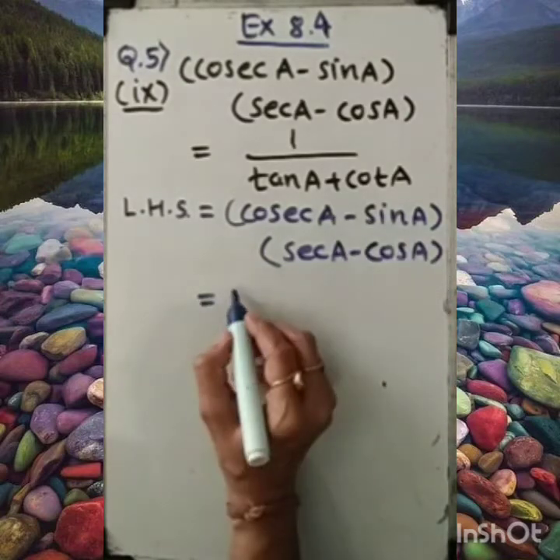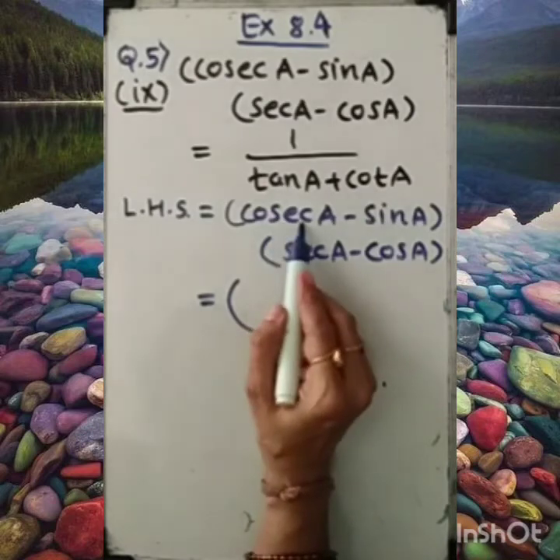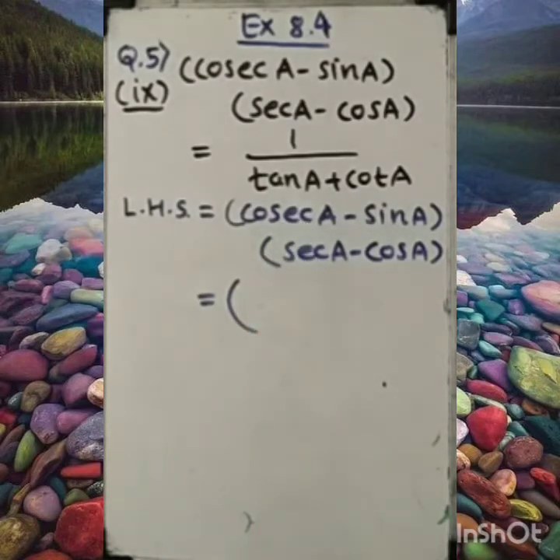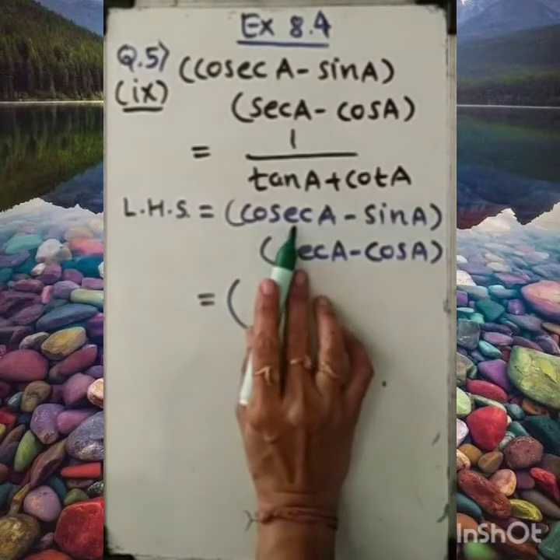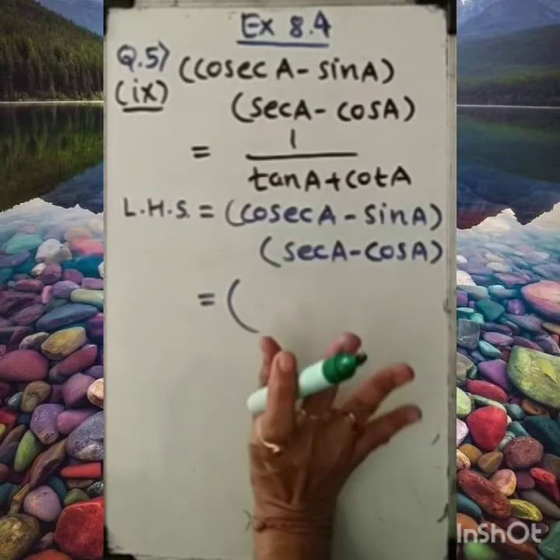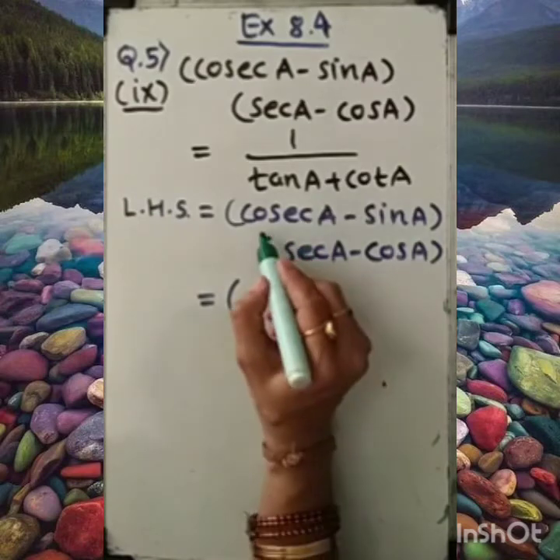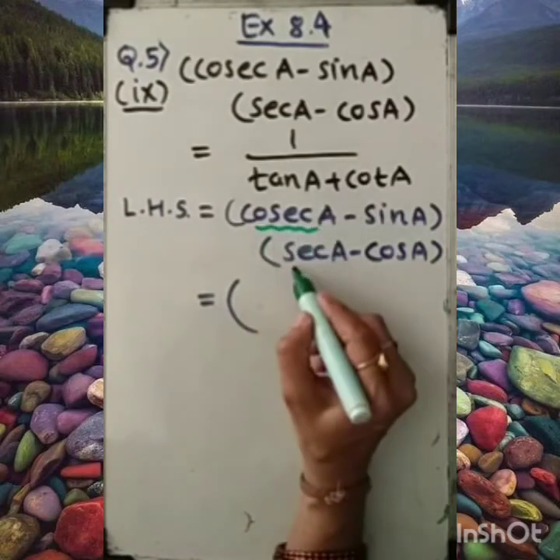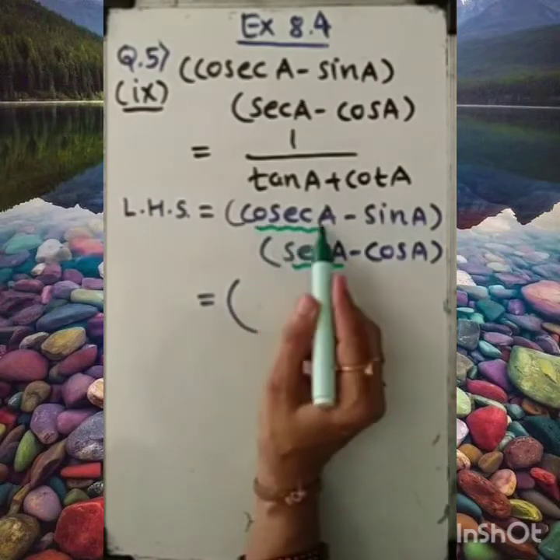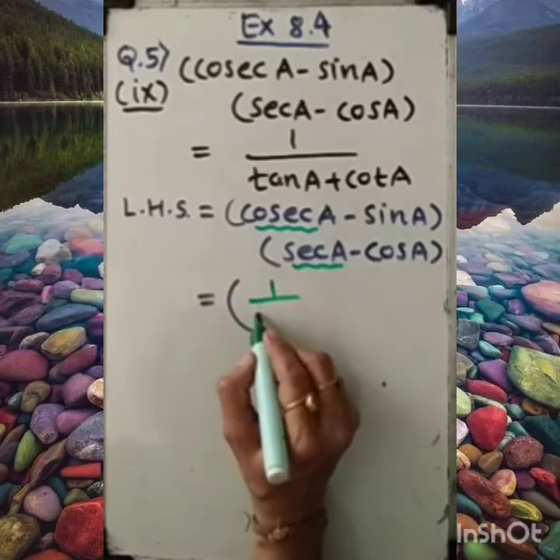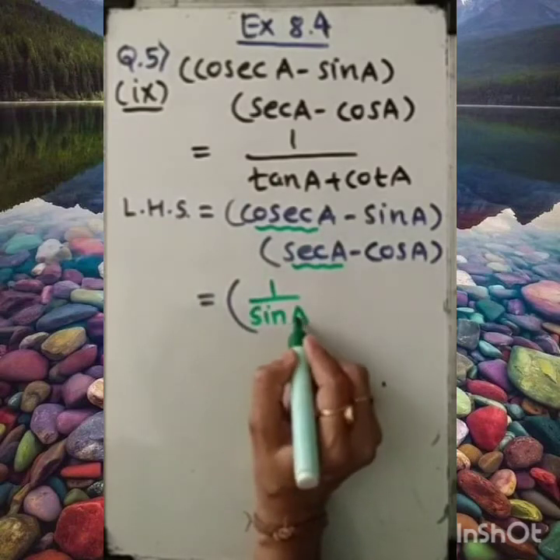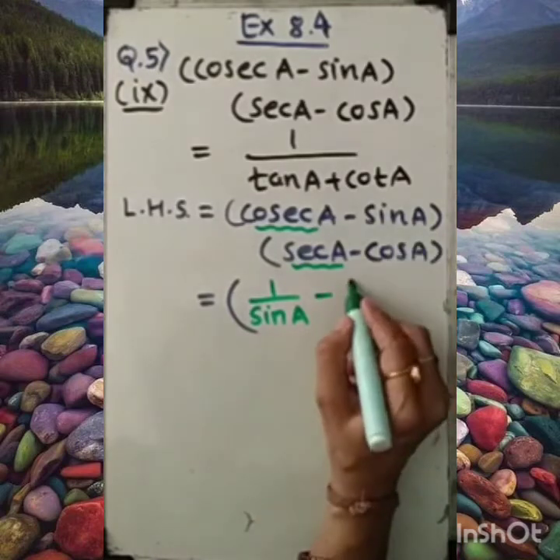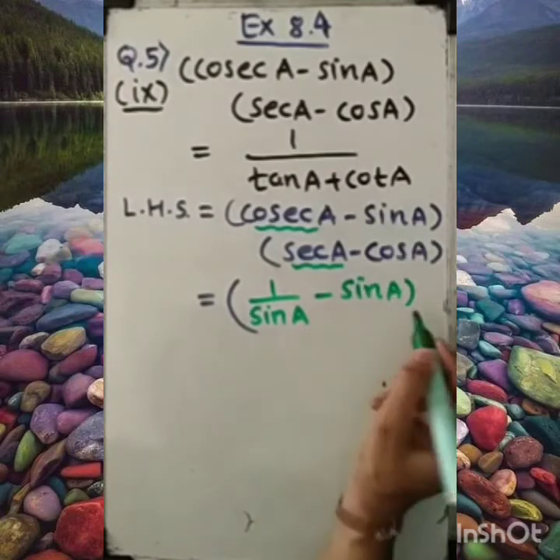So my dear student, let me convert this cosec into sine. As I told you already, we always try to convert 90% of questions in this way, converting the other trigonometric ratios into sine and cos form. So here I am converting only cosec A and sec A. You know very well cosec is the inverse of sine, so I need to write 1 upon sin A minus sin A. Here sin A is already there, let it be as it is.